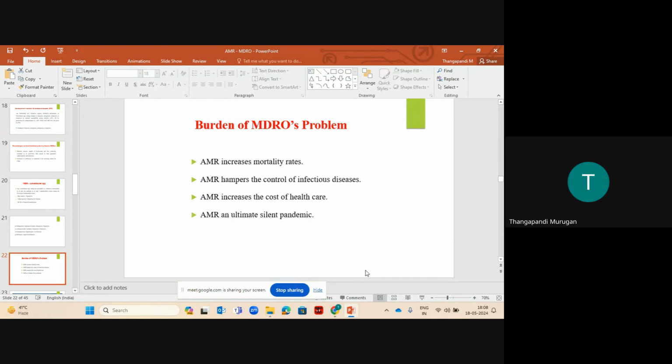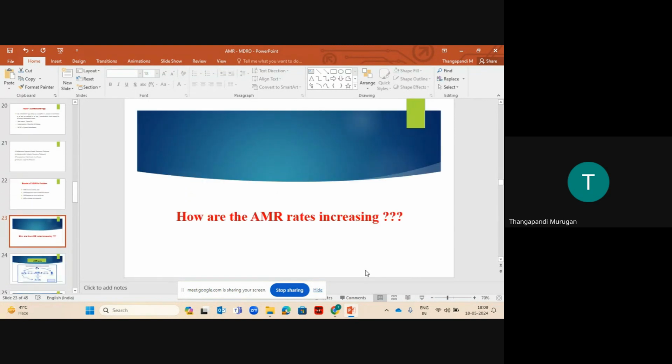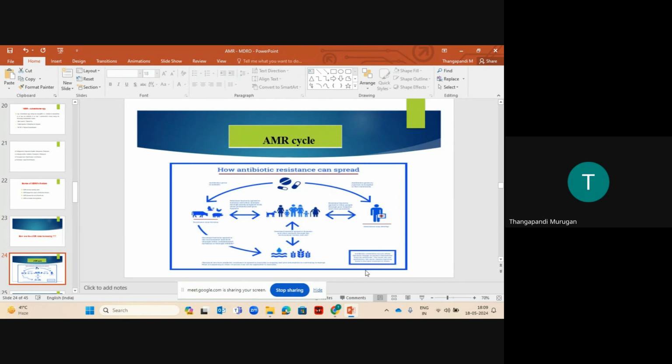I'm not denying it, but fungal infection is more lethal than bacterial. Before you diagnose it, the patient will die. Why? Because till the culture report arrives, it will take 10 to 15 days. And how is AMR increasing? As I mentioned before, you can see here how the resistance pattern is.